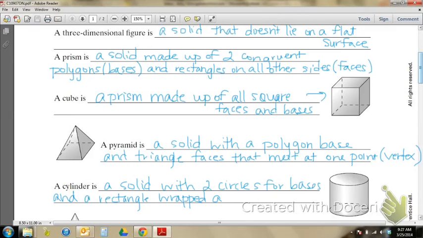And while it doesn't look like a rectangle, if you think about paper towels, when you tear it off around the cylinder of the paper towel roll and unfold it, it makes a rectangle. Okay, so let's scroll down and get to some more vocabulary.